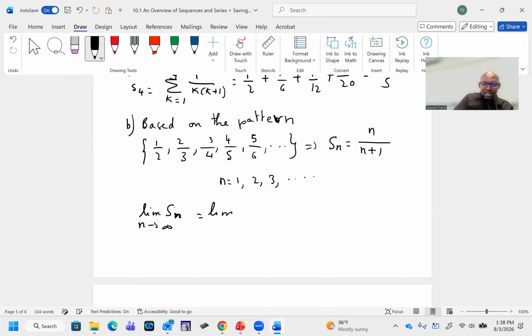Is equal to the limit of n divided by n plus 1 as n approaches infinity, which is 1. So this means what? Converge, right? So this means this series converges.